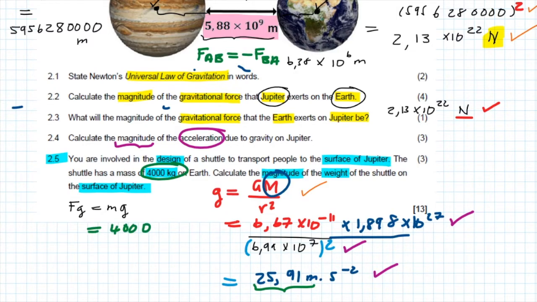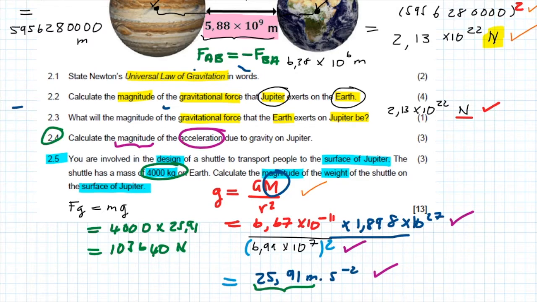We're going to multiply it by 25,91, or our answer to question 2.4. And when we say 4,000 times 25,91, we obtain a final answer equal to 103 640 newtons. That is the magnitude of the weight of the shuttle on the surface of Jupiter for 3 marks.